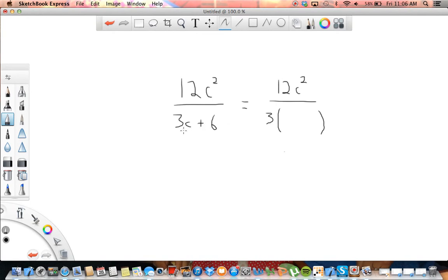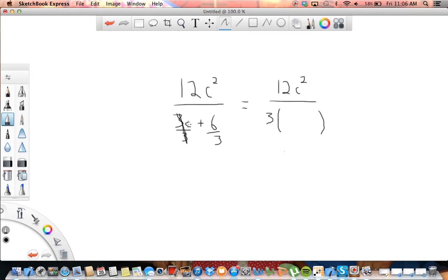Now what you want to do is take that number that you just factored out and divide each term in the denominator by that greatest common factor. So what is 3c divided by 3? Well, we learned when we're dividing numbers way back in 3rd, 4th grade that if you have the same number on top and the bottom, you can cancel them out. So we're going to cancel through those.